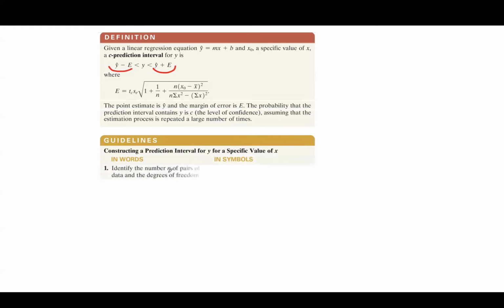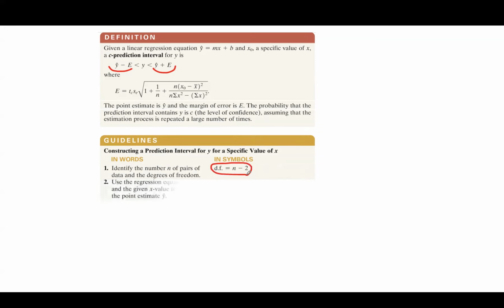So what are the guidelines? In constructing a prediction interval for y for a specific value of x, these are the steps that we need to follow. First of all, identify the number n of pairs of data and the degrees of freedom, which is n minus 2.